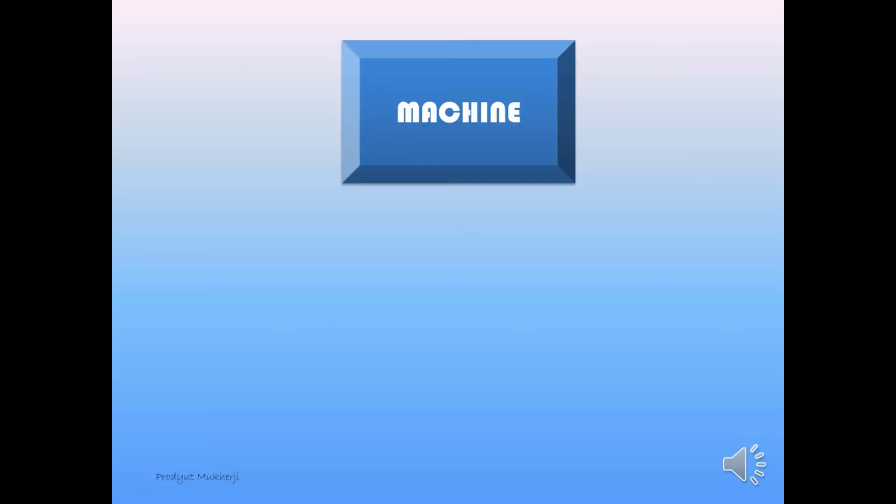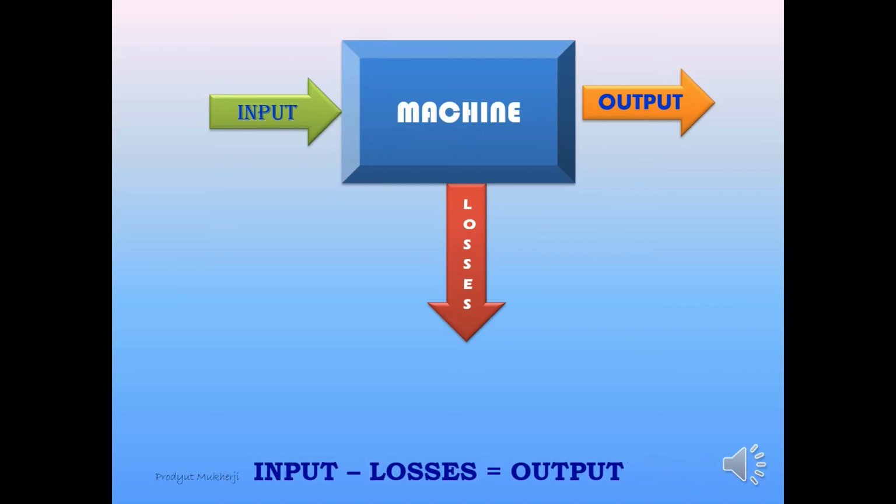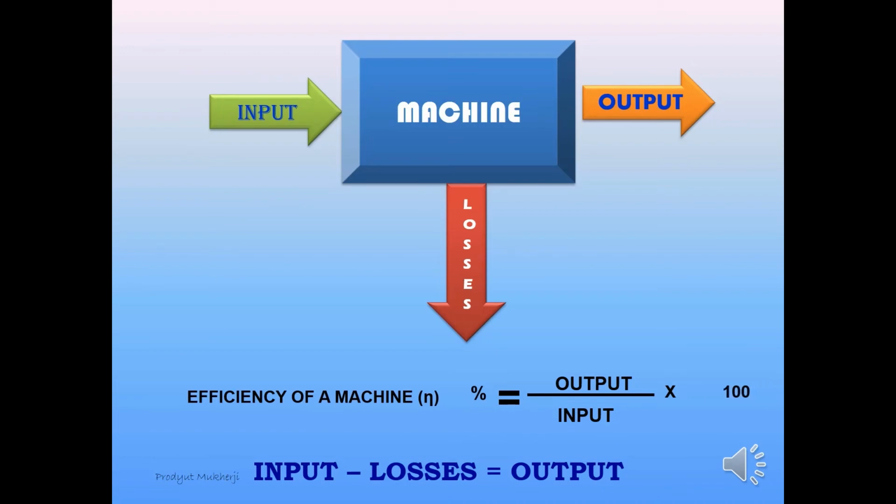Now we shall go to a new topic called machine, which has got an input, losses and output. So we can say input minus losses is equal to output, and efficiency of a machine is equal to output divided by input, multiplied by 100 for percentage. So the main engine is a machine.